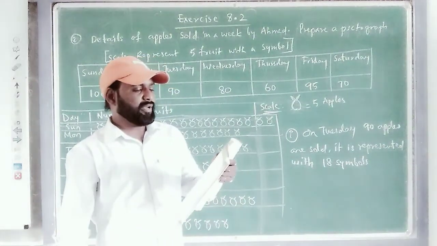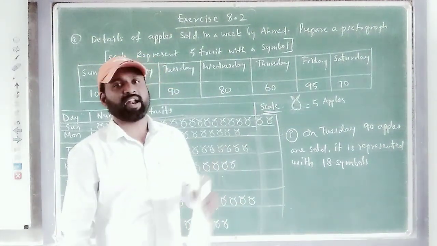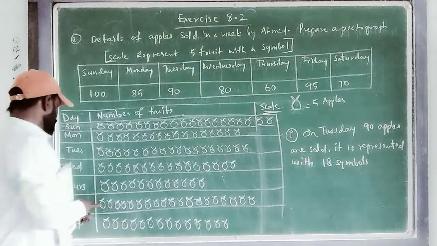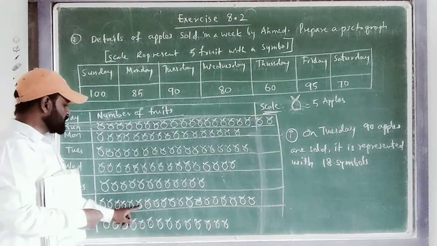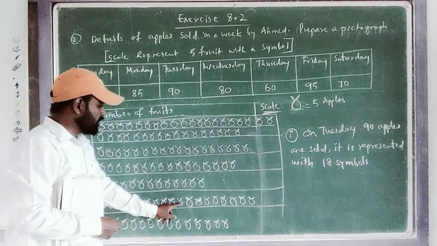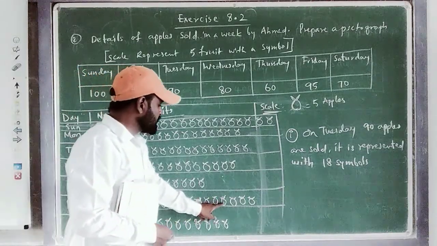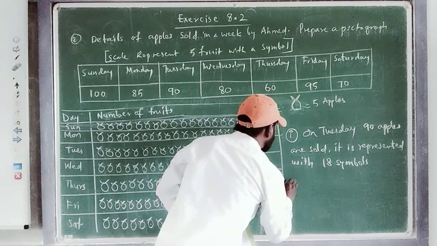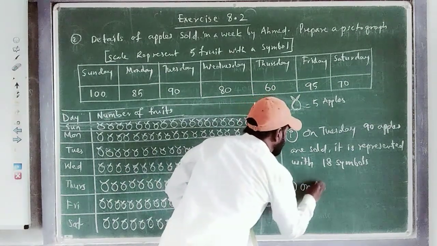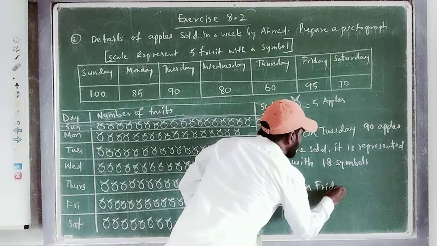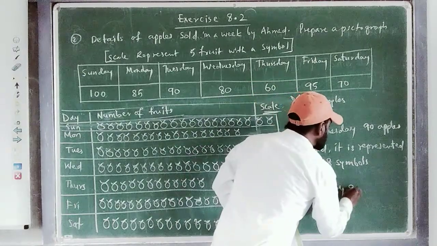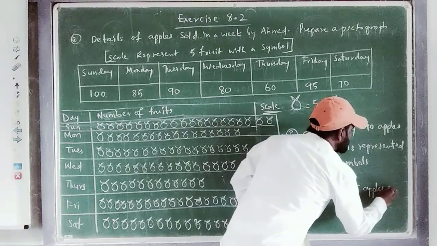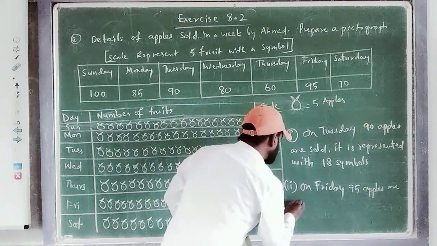Next question. How many symbols represent the fruit sold on Friday? On Friday, what is the number? 95. So on Friday, 1, 2, 3, 4, 5, 6, 7, 8, 9, 10, 11, 12, 13, 14, 15, 16, 17, 18, 19 symbols. Same way you have to write the answer. On Friday, 95 apples were sold.